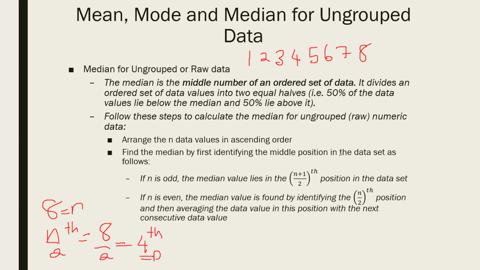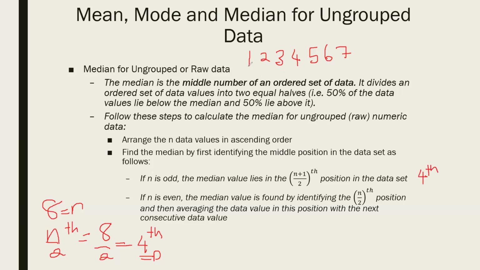Okay, let me start with the first one where we had 7, right? So when we say the (n plus 1) over 2th position, what you are doing is, we found that the median lies on the fourth position.